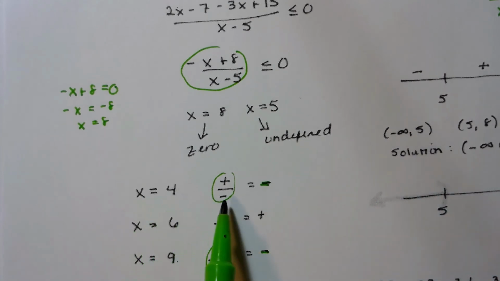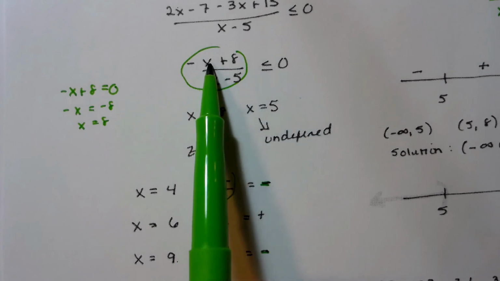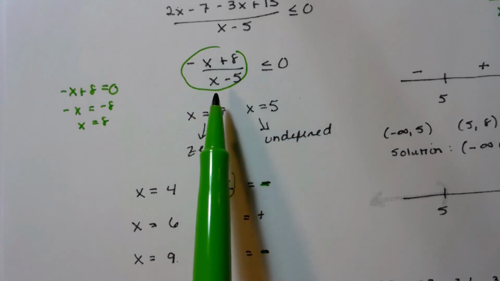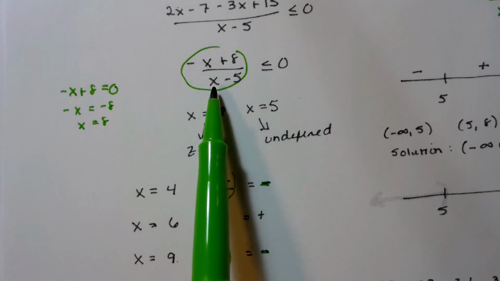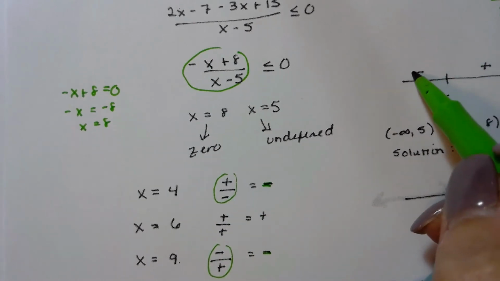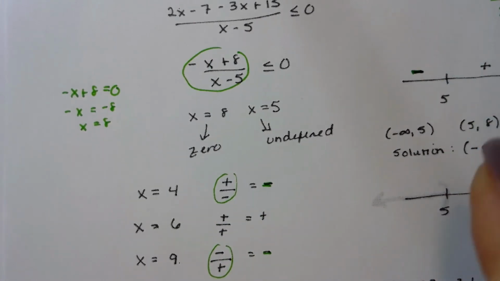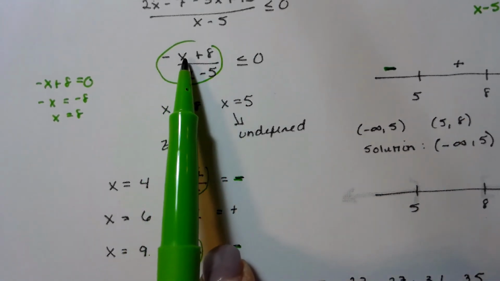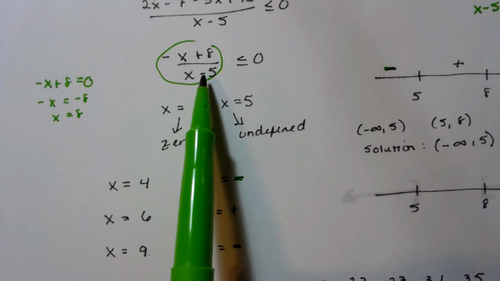So what I know is when I plug the 4 in, I got a positive 4 over a negative 1. So I have a positive divided by negative, so that's going to give me a negative value. When I plug in the 6, I'm going to have a positive 2 over a positive 1.